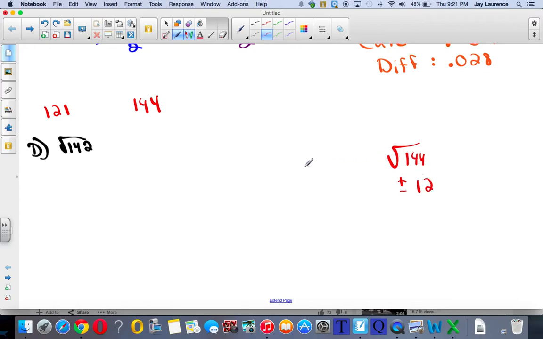Doesn't the rad of 142 have to be pretty darn close to 12? I'll bet you it's going to be 11.9 something, or maybe high 8s, like 88. I'm just going to say about 11.9. So this is my estimate.